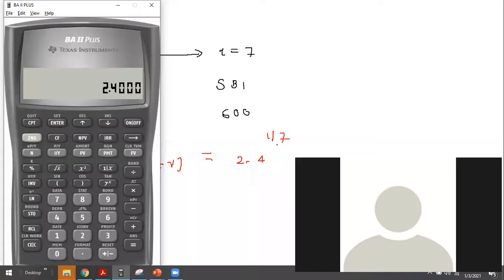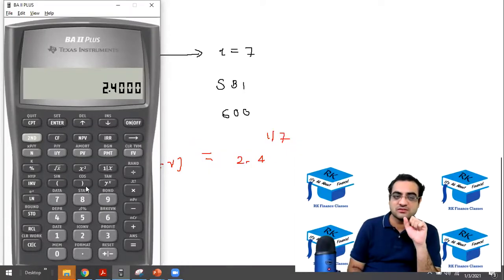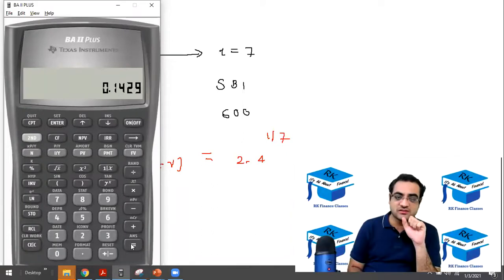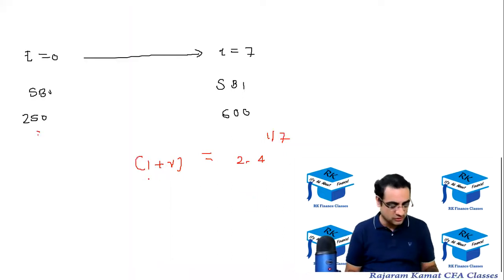On the calculator, press the x raised to y key. 2.4 raised to bracket open 1 divided by 7 bracket close equal to. I repeat, 2.4 raised to bracket open 1 divided by 7 bracket close equal to, it's 1.1332.